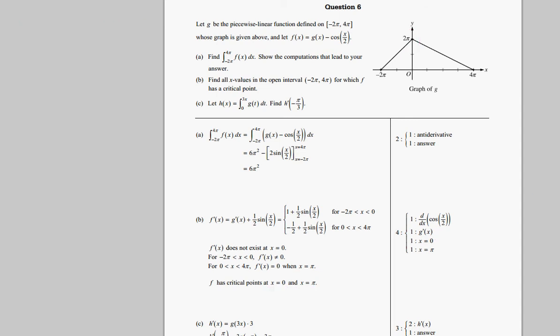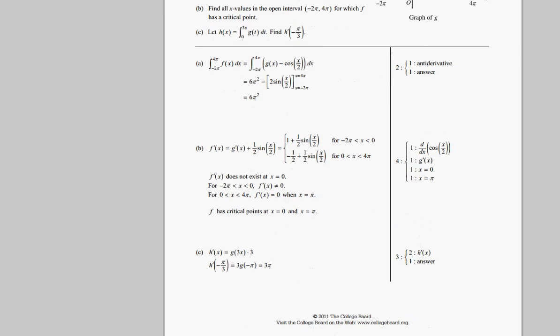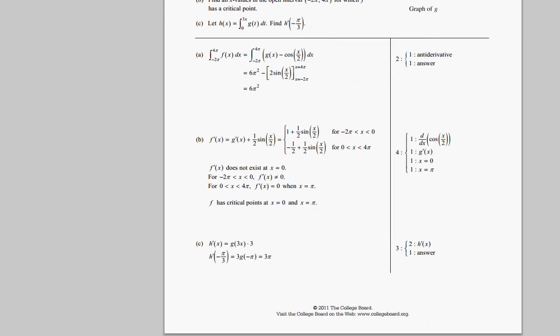And then the last part here just talked about a new function, but using the old ones. It says h of x is the integral from 0 to 3x of g of t dt, and you're asked to find the derivative of h at negative pi over 3.